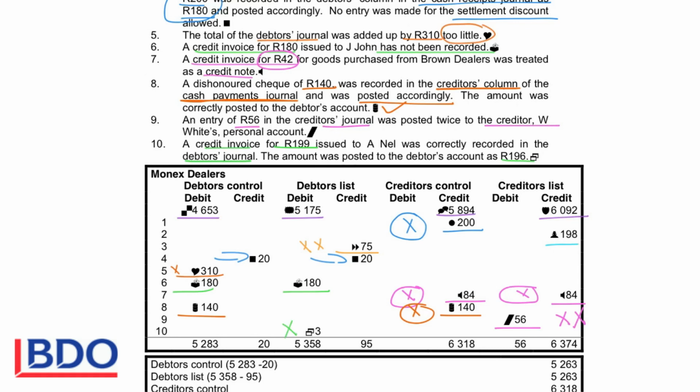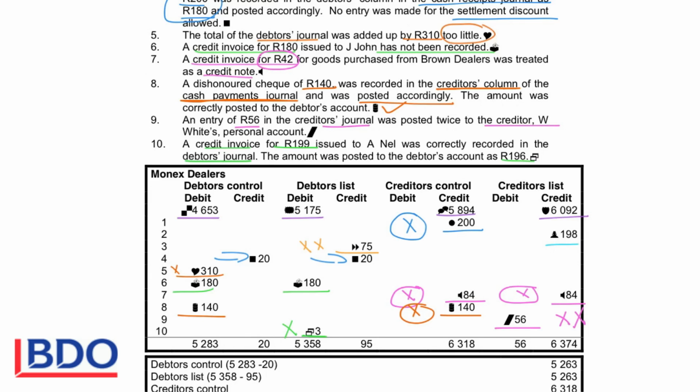Okay, we put the figure on the debit side, but we put the wrong figure. So instead of 199, we only showed 196 on the debit side. Therefore, we must add another 3 Rand on the debit side to get the correct figure in the individual account of Nell that was supposed to be there.